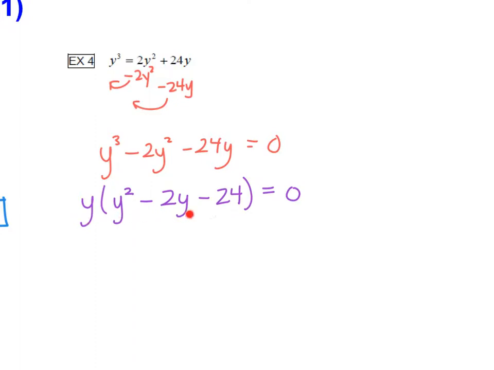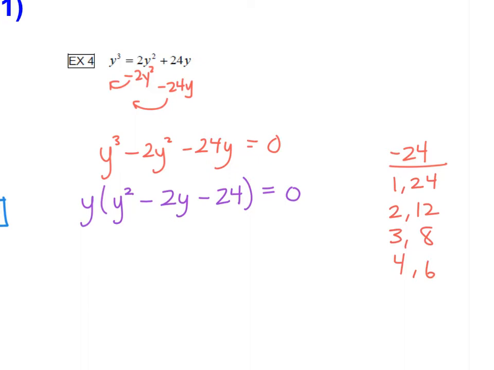Now we want to think about this trinomial inside to see if we can factor this. Well, I noticed that it's a trinomial, ax squared plus bx plus c. Your a value is 1, so that means you can go right to your c value, that negative 24, and find factors of negative 24 that add up to negative 2, this negative 2 right here in the middle. So we have 1 and 24, 2 and 12, 3 and 8, and 4 and 6.